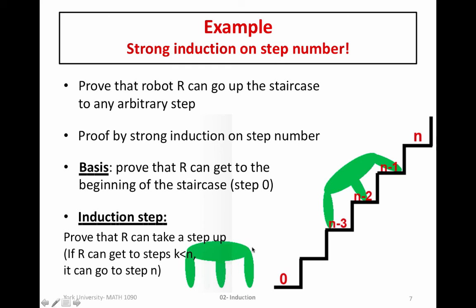Then, if we have one leg on 1 and one leg on 0, we can apply the induction step again. We know how to move from 0 to 1, so that gives us our second leg from 0 to 1, and our first leg from 1 to 2.